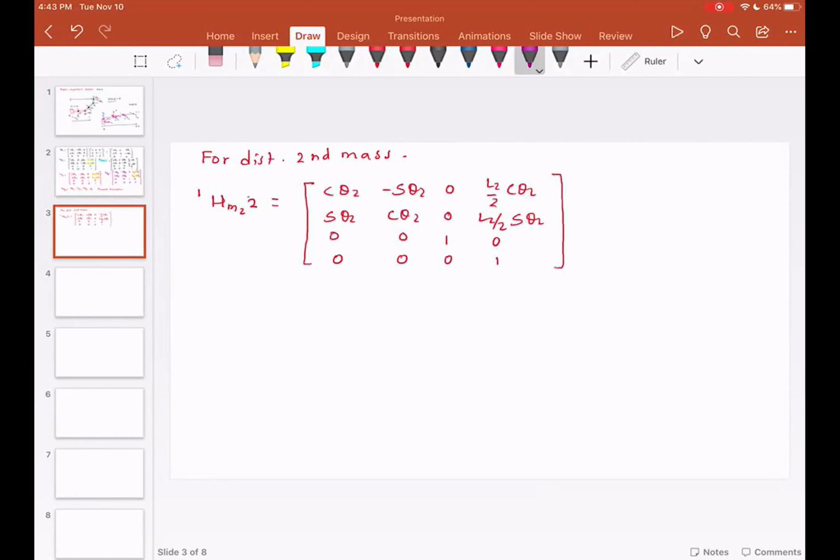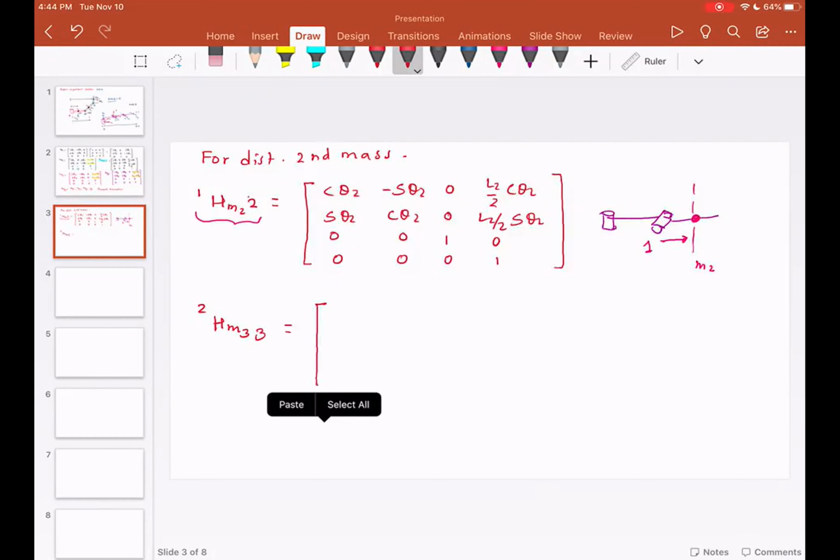Now, once again, I need to be specific. If you look at the way our system is, I am interested in finding out the distance from M2. So right now, this HM2 corresponds to frame 1 to the mass M2. Same thing, I will have to do for 2HM3.